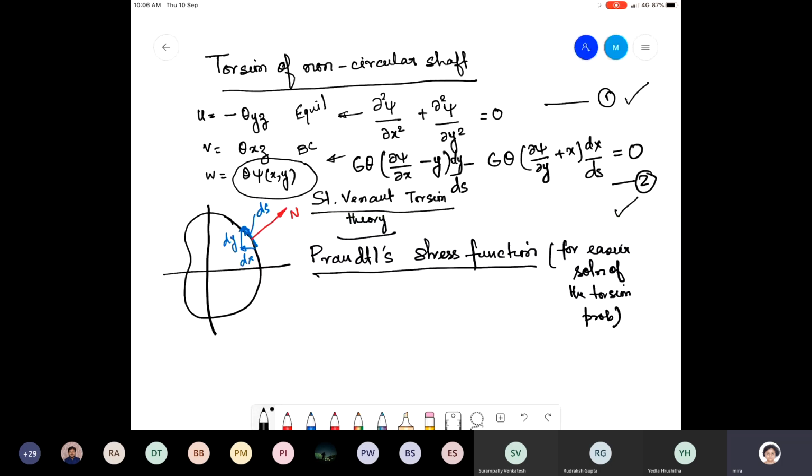Okay, so what does this Prandtl stress function state? The stress function that we assume is tau xz equal to del phi by del y, and tau yz equal to minus del phi by del x.